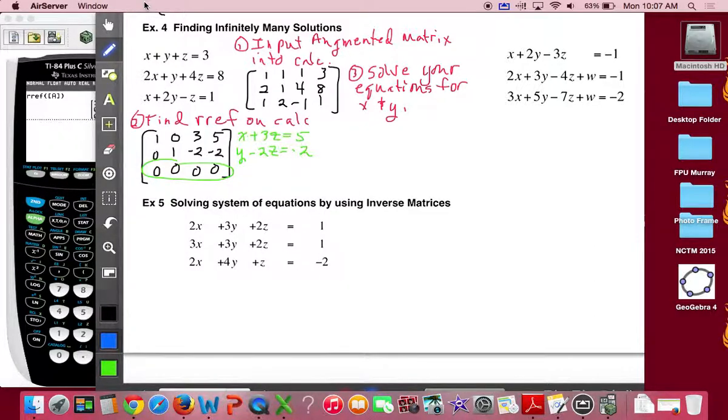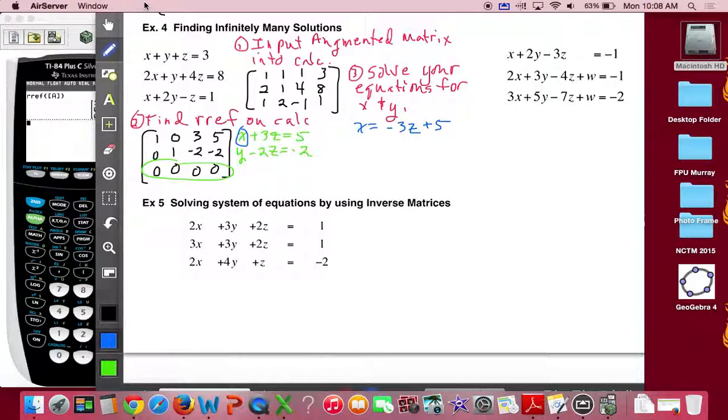So I want to get this X by itself. So what does x equal? Move the 3z to the other side. What do you get? Negative 3z plus 5. Is everybody okay with how I found that? All I did was get x by itself and move everything to the other side.